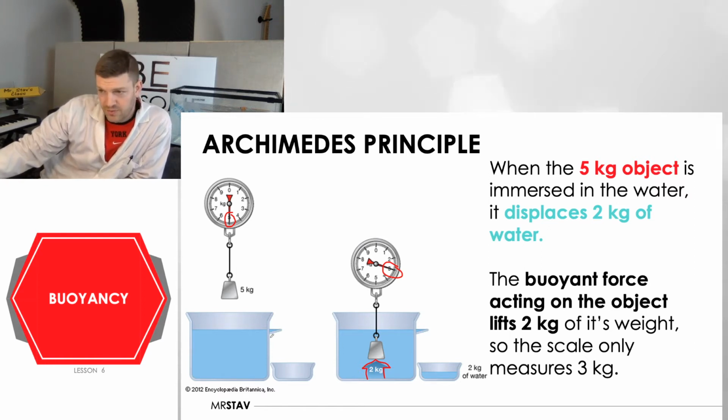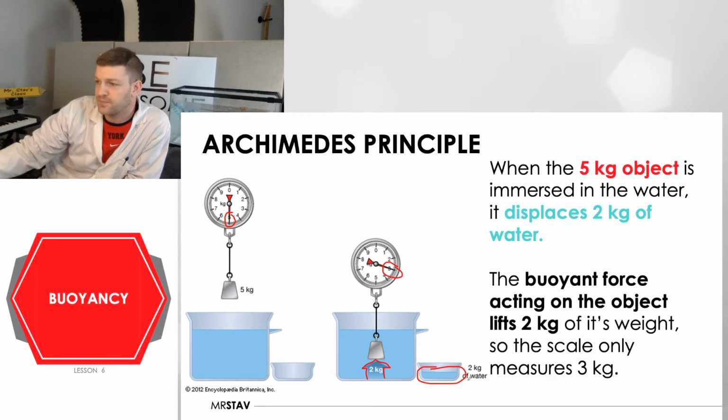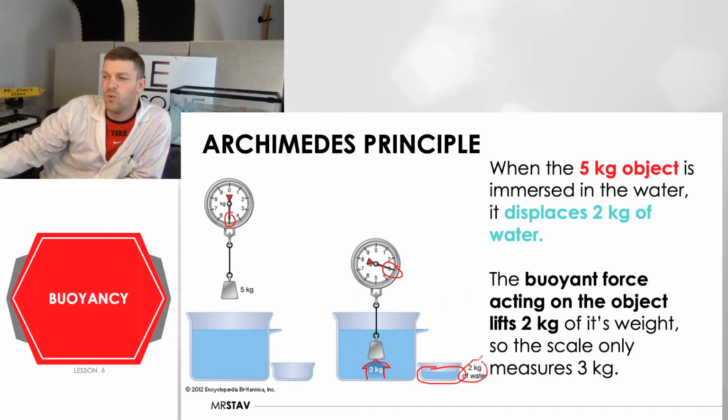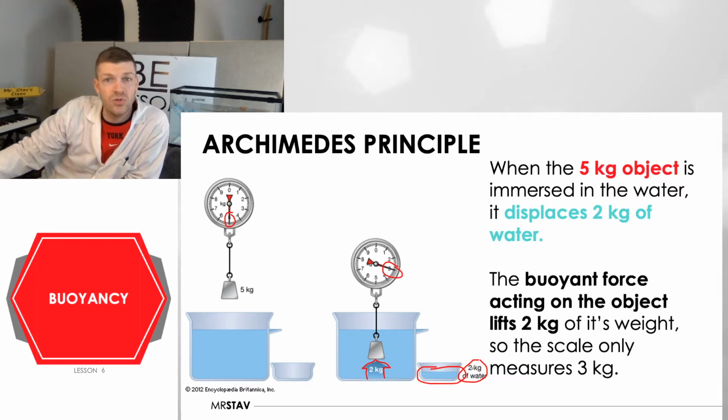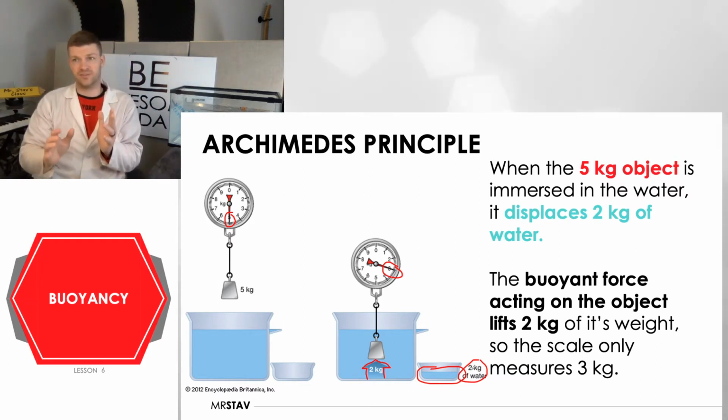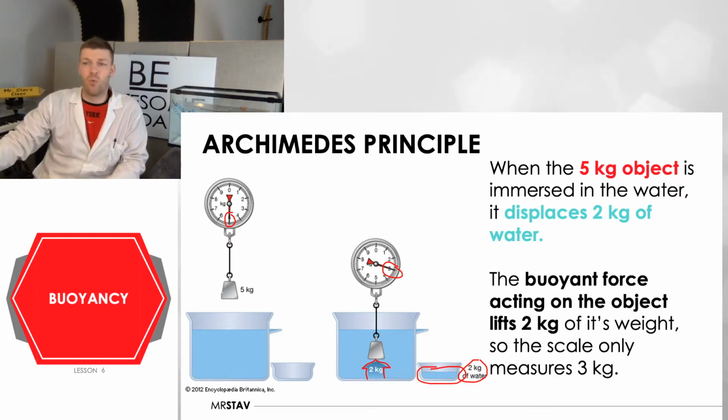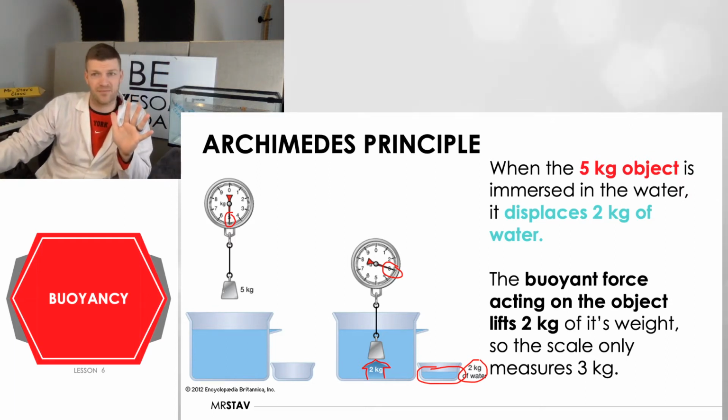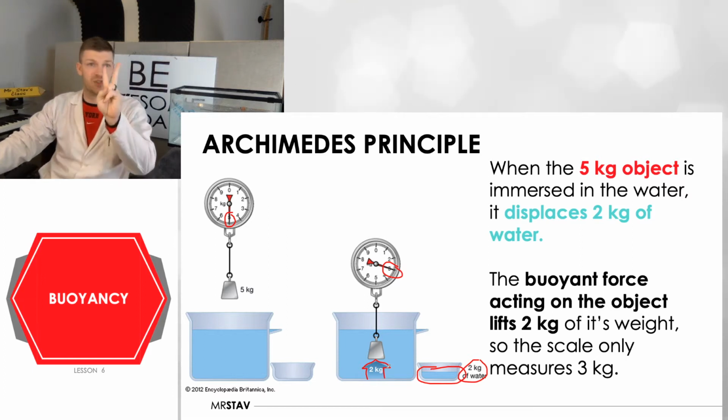Well, let's check over here at the water that spilled over. This is the displaced water. And if you were to put this onto a weigh scale, as they did, the weight of the water that was displaced happens to be 2 kilograms. Are you following here? The weight is 5 kilograms. The buoyant force lifts 2 of those kilograms.